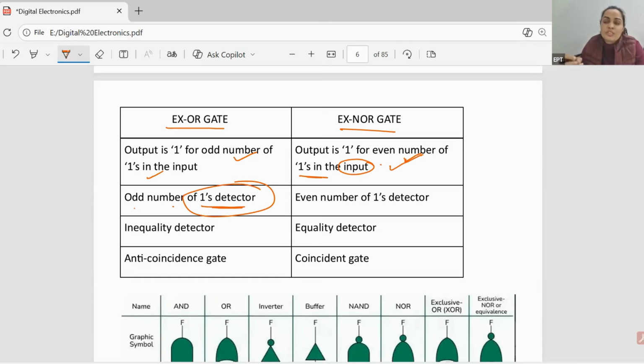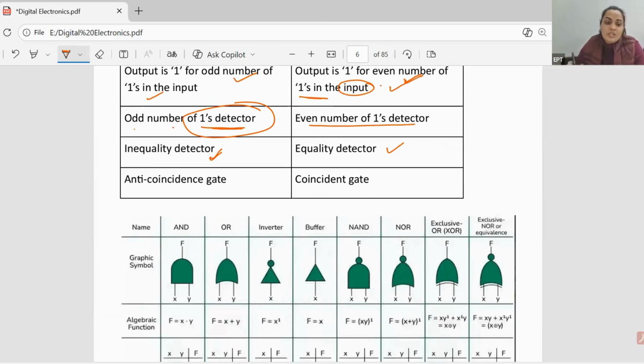If the output is 0, then the number of ones in the given sequence is even. Similarly, XNOR can be used for even numbers. XOR is an inequality detector. XNOR is an equality detector, because when both the inputs are 0, the output is going to be high, right? Anti-coincidence, coincidence. So these are the names of XOR and XNOR.